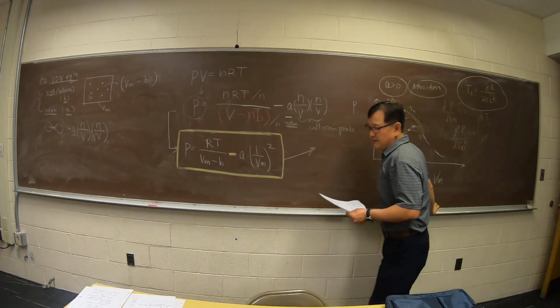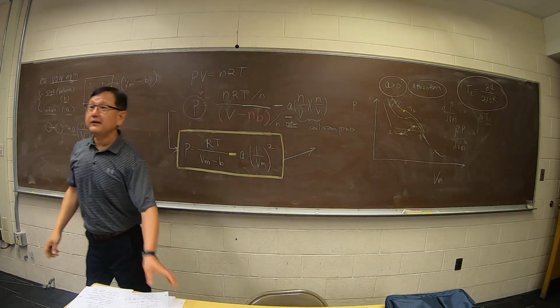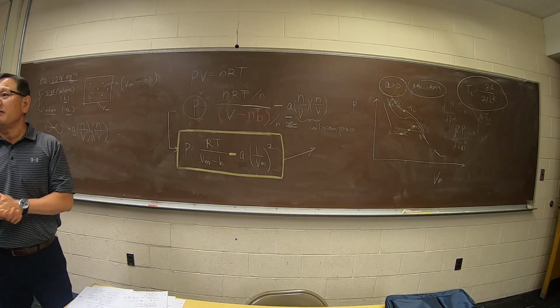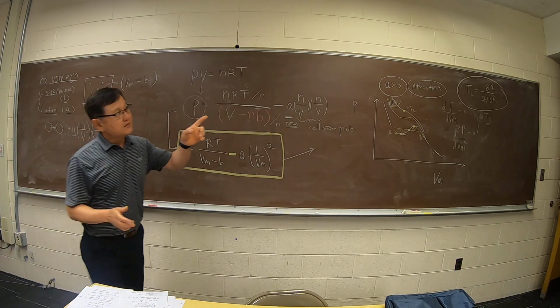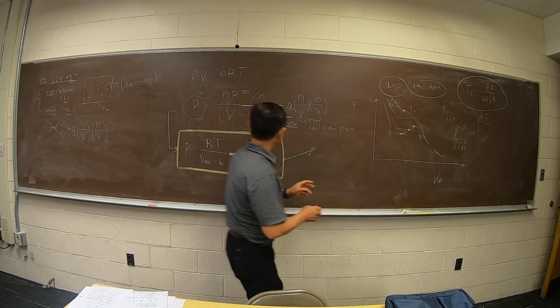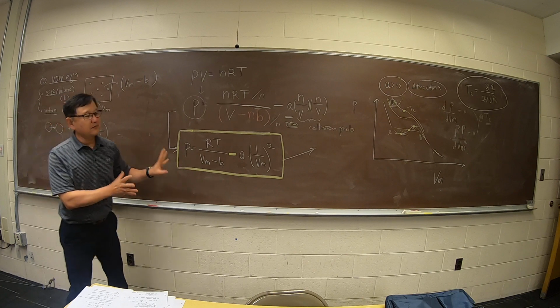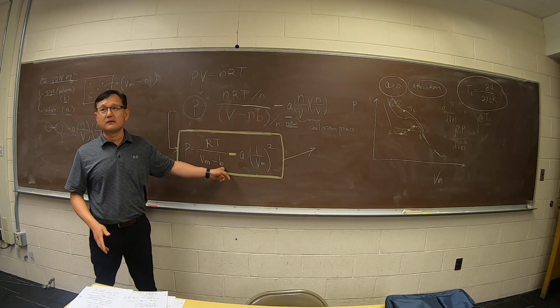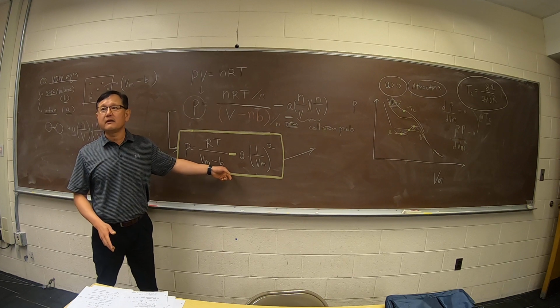And also the critical pressure depends on A and B. You guys do not have to remember this equation. But what I'm saying here is, do you think that we are measuring this? This is something that is, I think, good to know. We are not measuring this. There's no way that I can measure that, right?